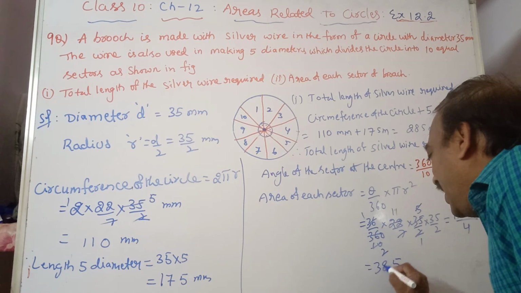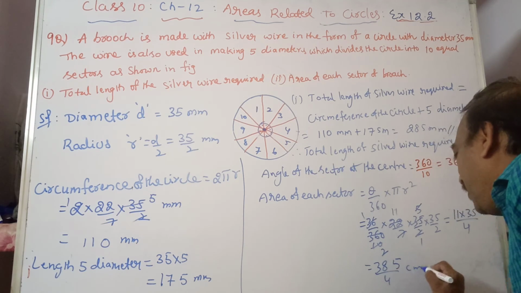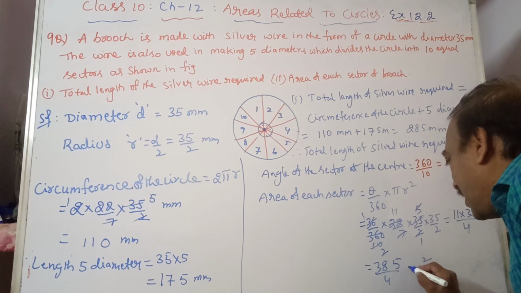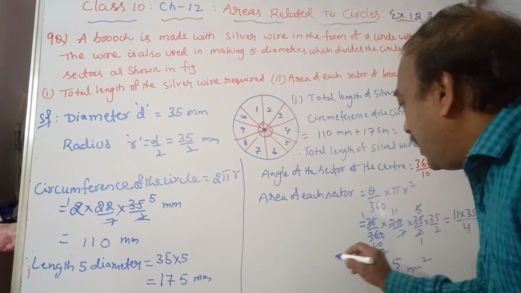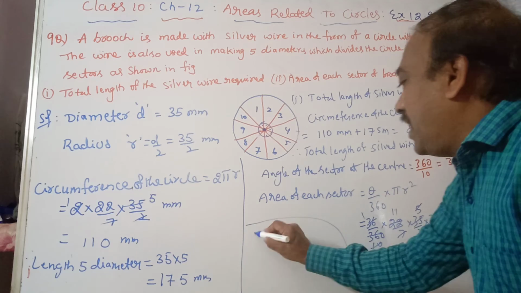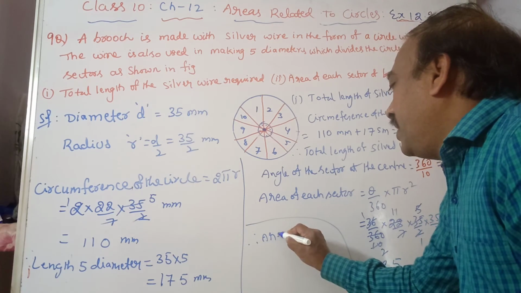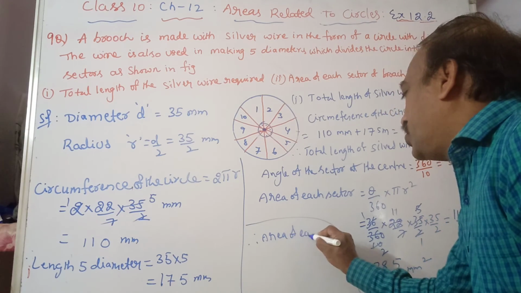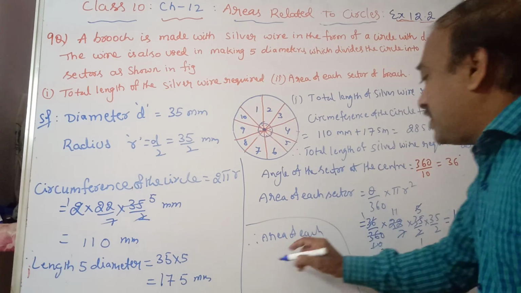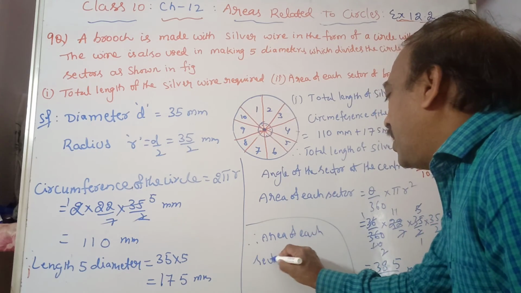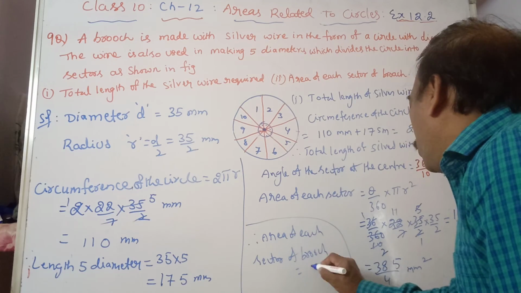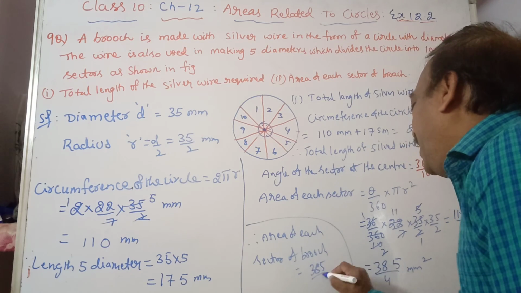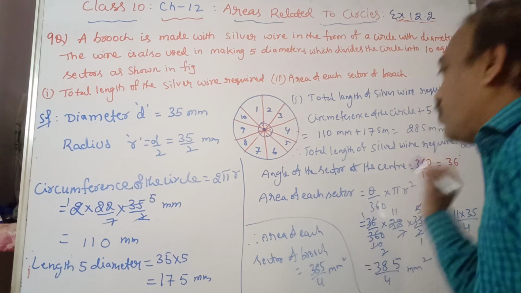So 385 by 4 millimeter square. Therefore area of each sector is equal to 385 by 4 millimeter square.